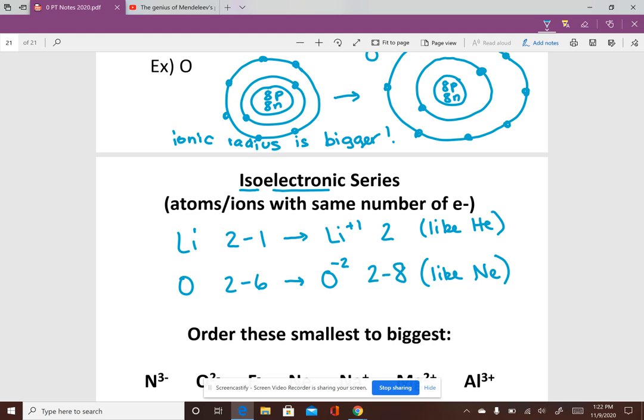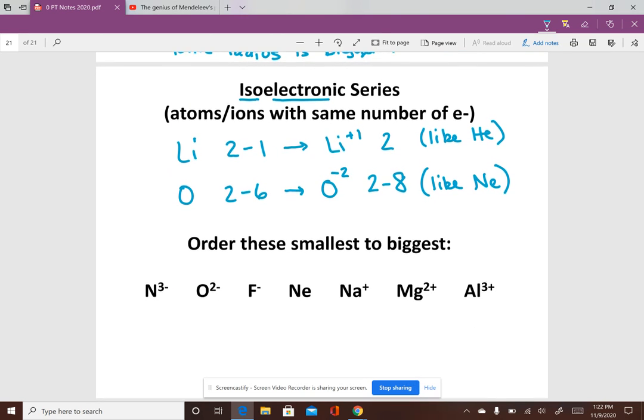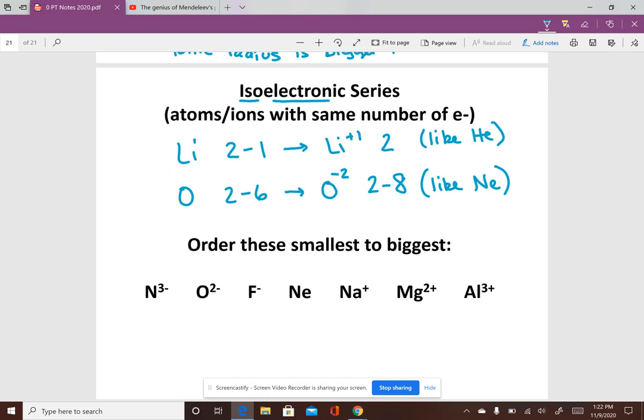So when atoms turn into ions, their number of electrons changes, and now you can have things that have the same number of electrons because the number of electrons is allowed to change. Here's kind of like wrapping it all up, guys. So if we think about ordering these from smallest to biggest, right?